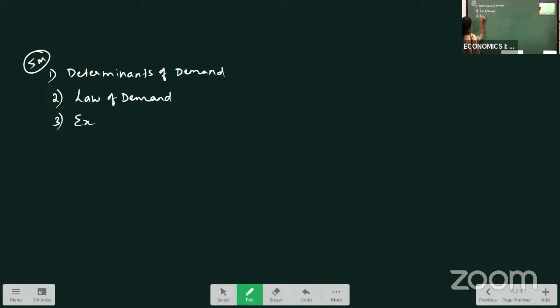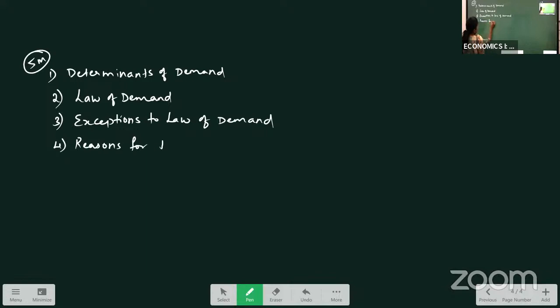Then exceptions to law of demand. Then reasons for downward sloping or negative sloping demand curve. So from these questions, any two questions you will be getting from an exam point of view for 5 marks.